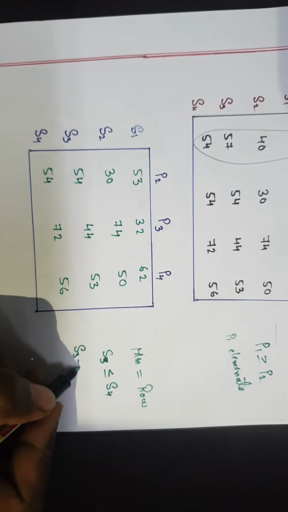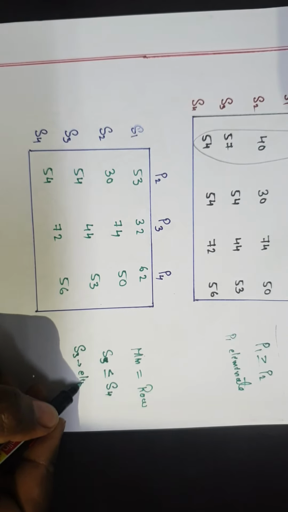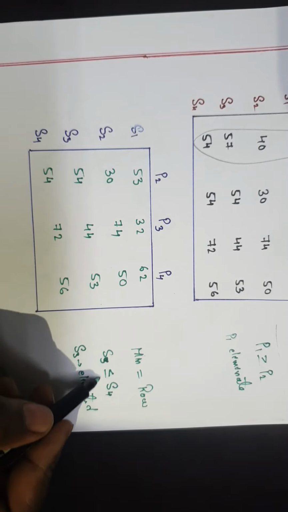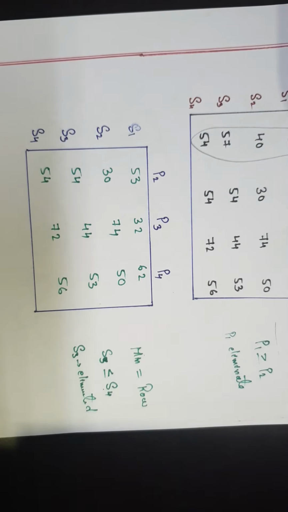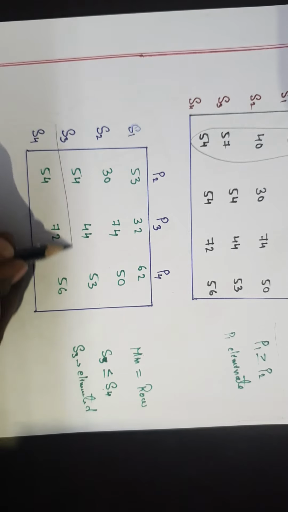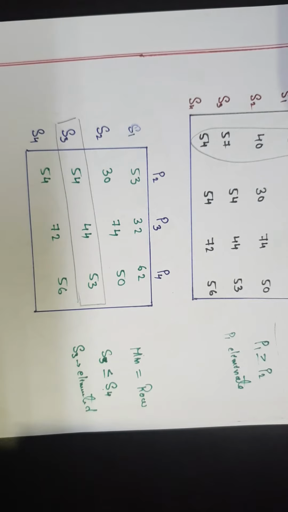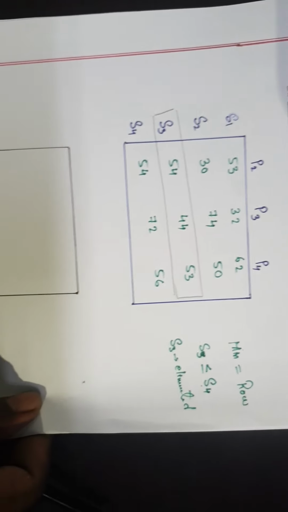So you can eliminate S3, because S3 is less than or equal to S4. This one is known as S3. So S3 you can eliminate.